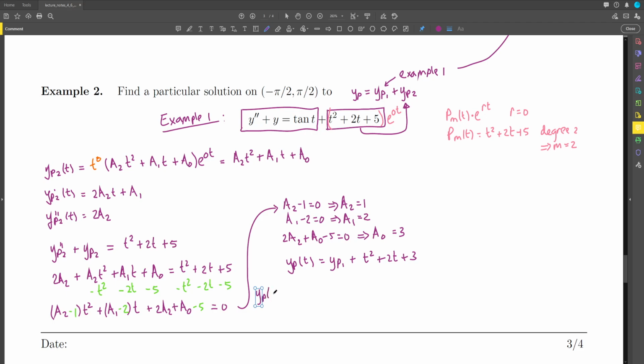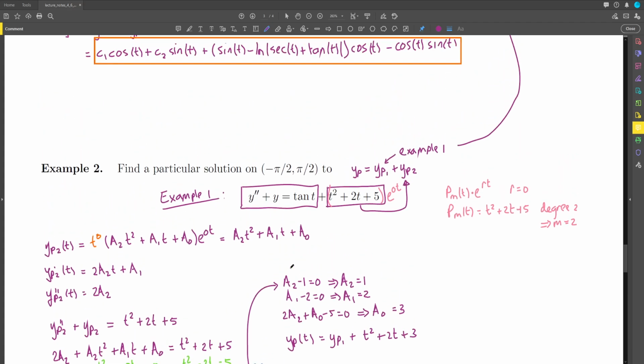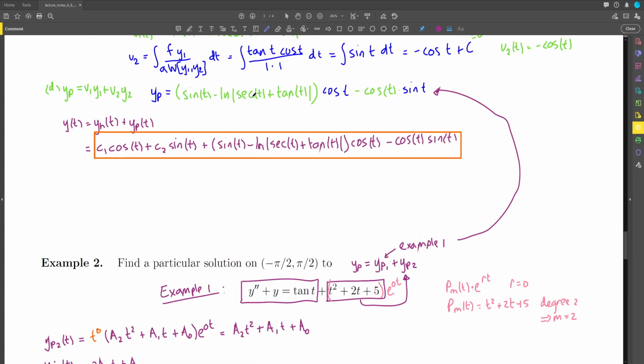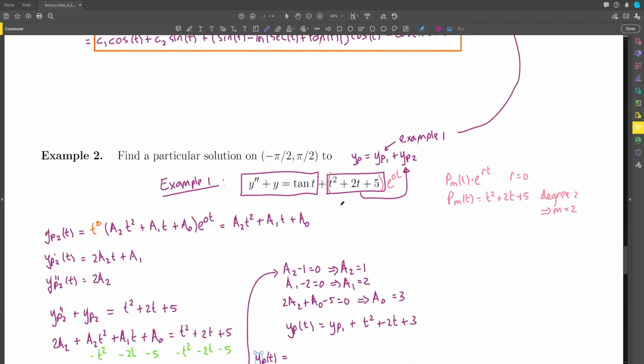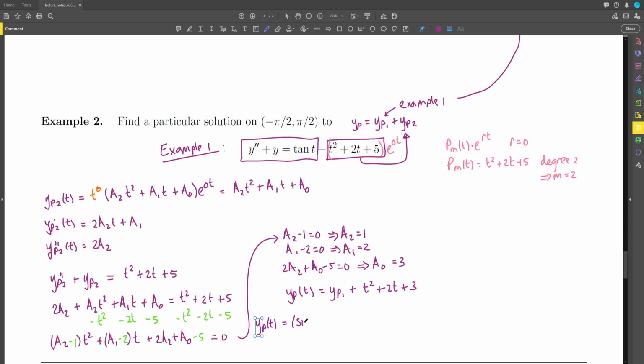So we have yp of t in total equals, and let's look it up, sine of t minus ln of the absolute value of secant t plus tangent t, all times cosine of t, minus cosine of t times sine of t, and then plus t squared plus 2t plus 3.